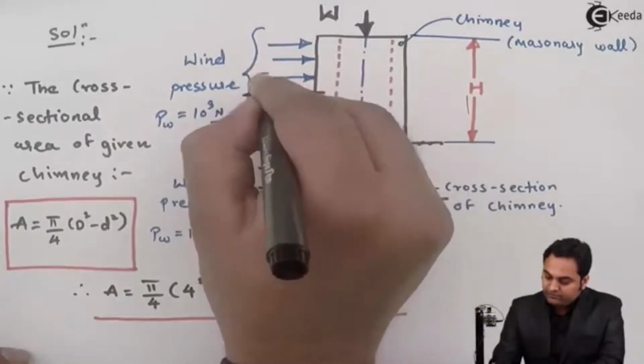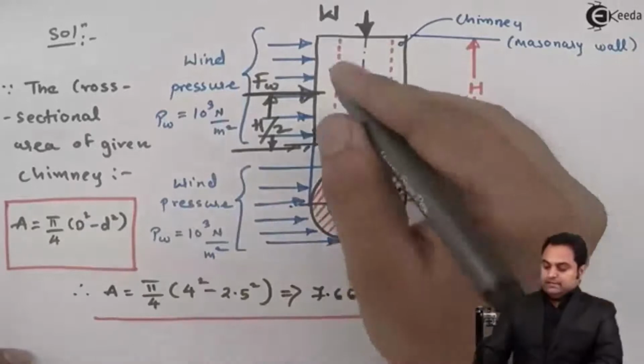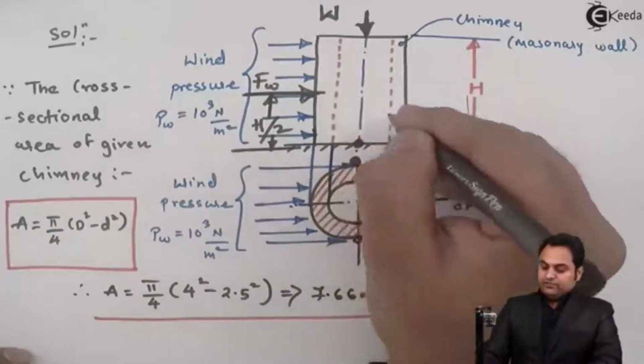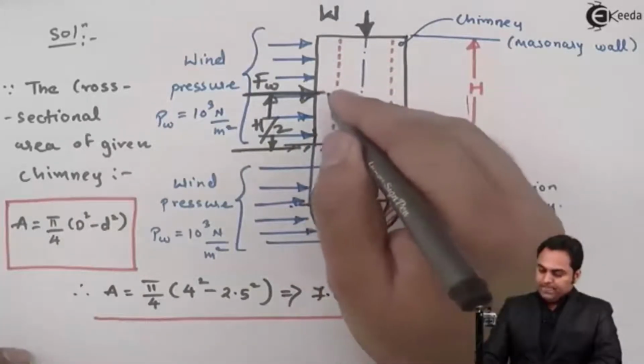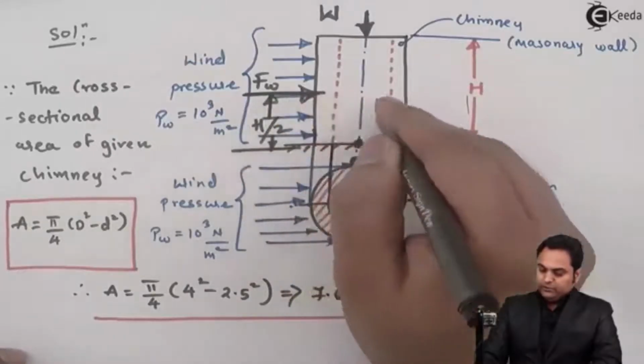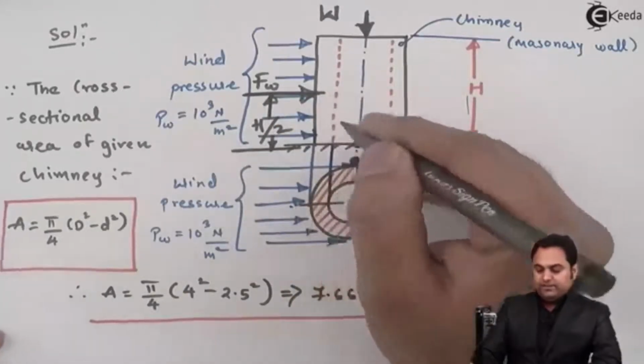So here we have the wind force, and if I take the moment of this wind force, then this will be Fw into h by 2, and because of that there will be bending.